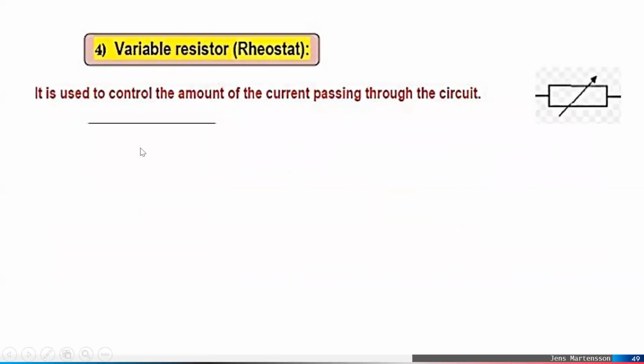And finally, a new symbol in electricity, which is the rheostat or the variable resistor. The main function of the variable resistor is to control the current passing in the circuit by controlling the resistance.